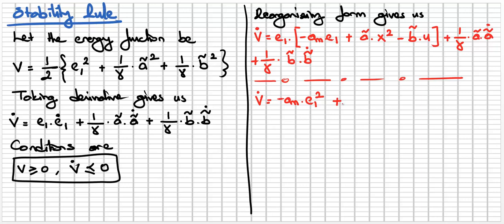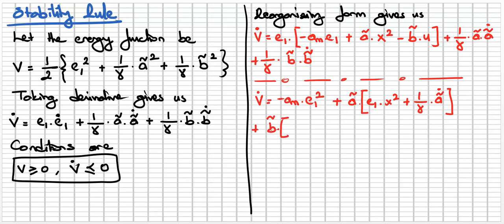And also we have the A estimated value times E1 X square coming from this term and this term, and also we have plus 1 divided by gamma times A estimated dot, okay. And also we have the B estimated value in here.